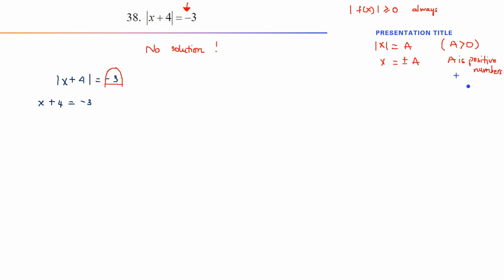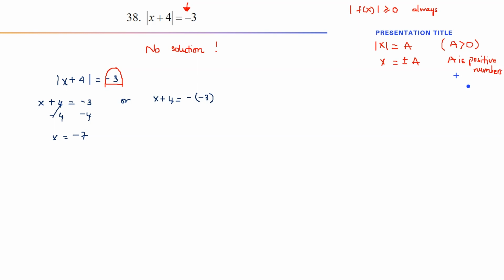On the other side, we will have x plus 4 equal minus 3. So minus 4 on both sides, we'll have x equal negative 7.